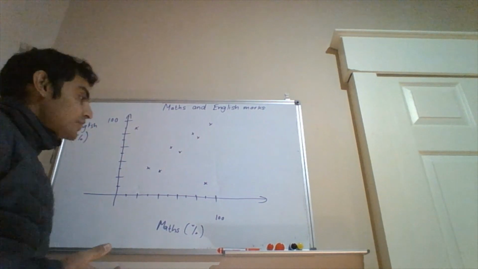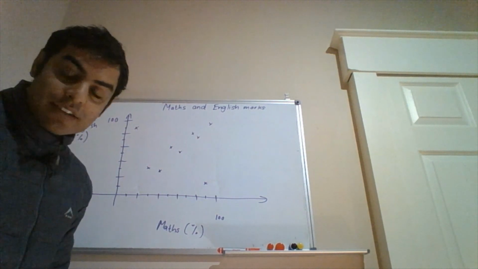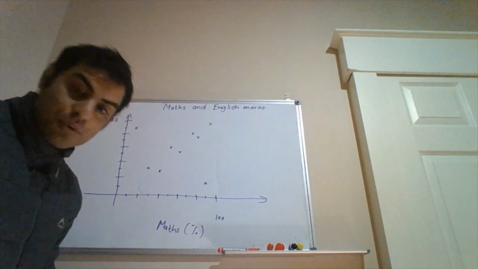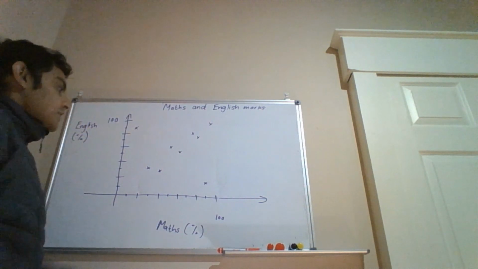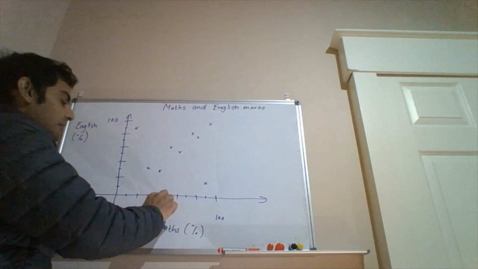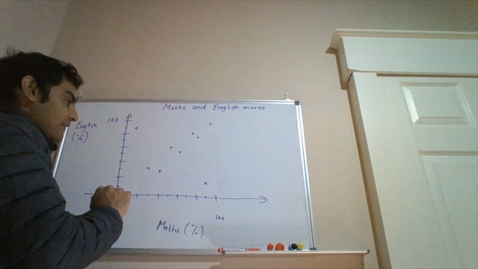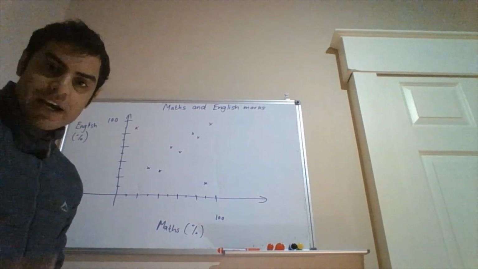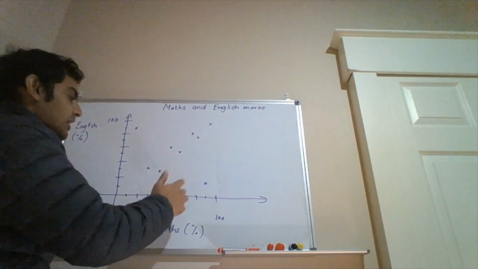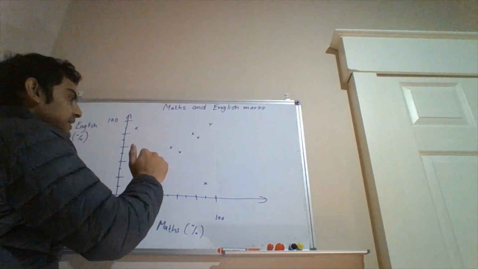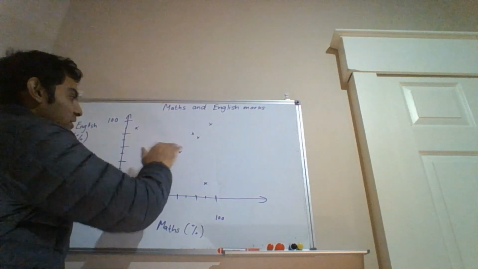It looks like students that do well at maths generally also do well at English. You can see here a 40 for maths and a 40 for English. So people that did badly at maths did badly at English. People who did better at maths also did better at English.